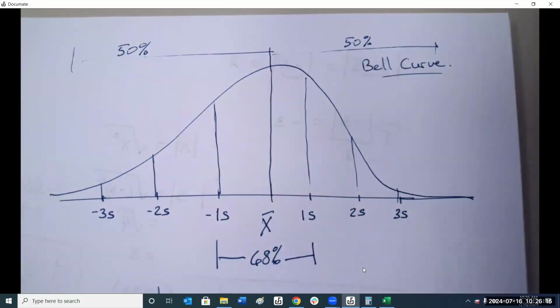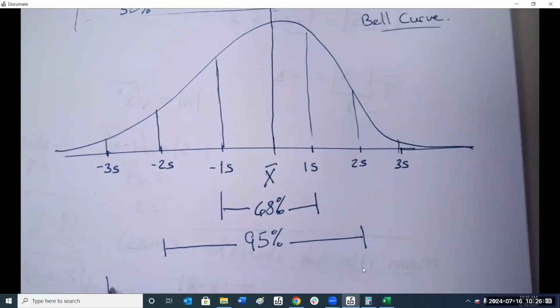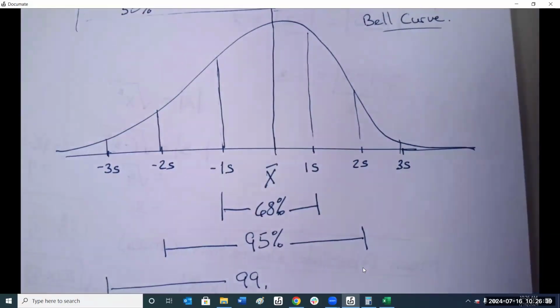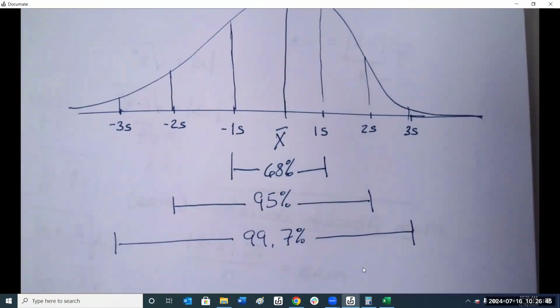Within 2 standard deviations, 95% of your data falls there. Within 3 standard deviations, 99.7% of your data falls within 3 standard deviations of your mean.